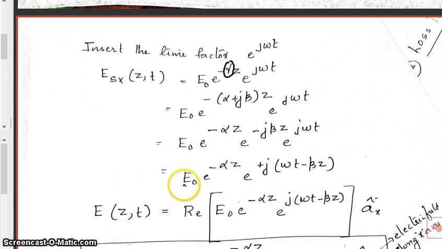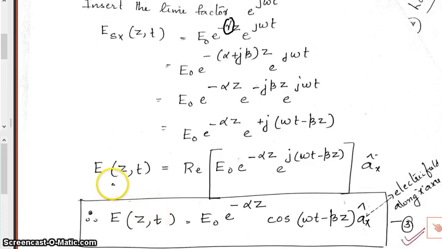So finally I will get E0 e^(-αz) e^(j(ωt-βz)). From this expression we need only the real part. So I can rewrite it as E(z,t) = Re[E0 e^(-αz) e^(j(ωt-βz))] ax.